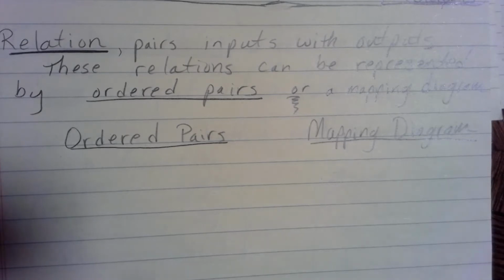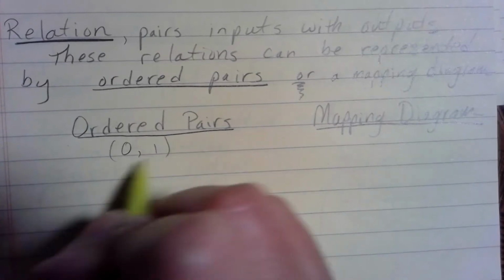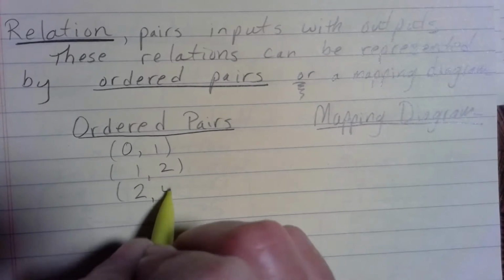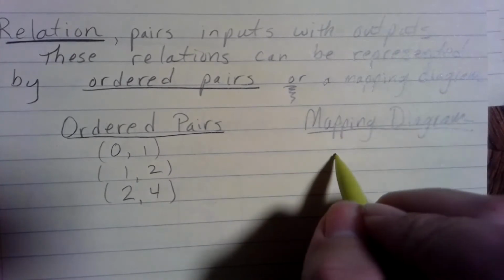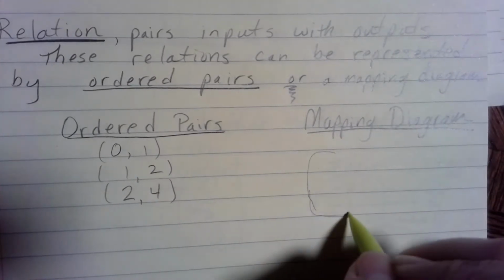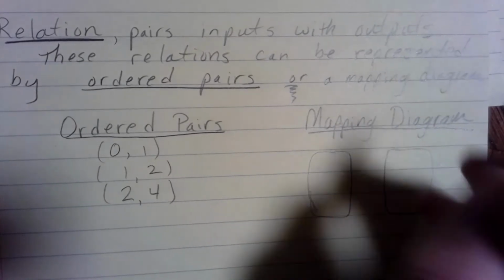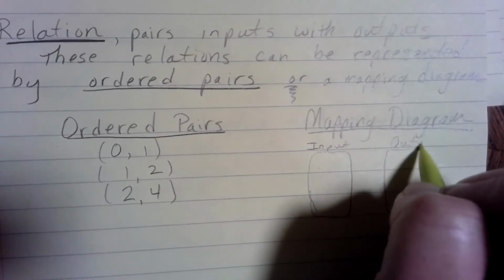Okay, here we go. The ordered pairs are (0, 1), (1, 2), (2, 4). A mapping diagram of this would look like this: we draw a rounded rectangle and another rounded rectangle, and we label this one input and over here output.